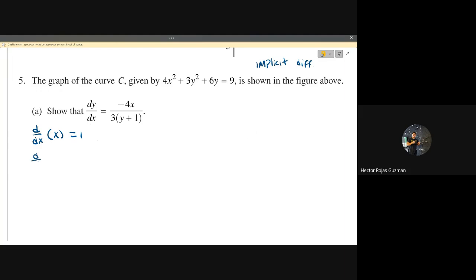But if you're taking the derivative of anything else, well, then it's going to be dy dx. You could write y prime for short. And that is the same thing for any other letter, right? Every single letter is going to be considered a function because it's not x. It's just a function of x. So let's go ahead and find our derivative.